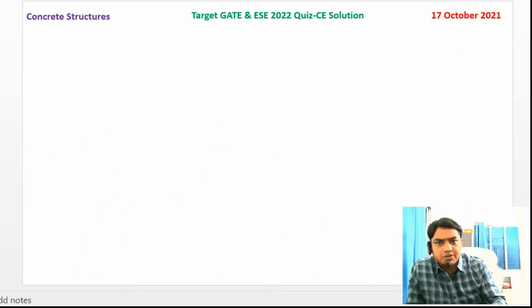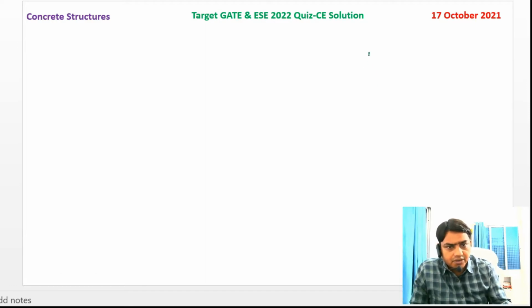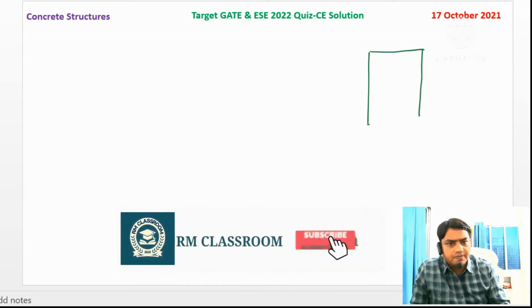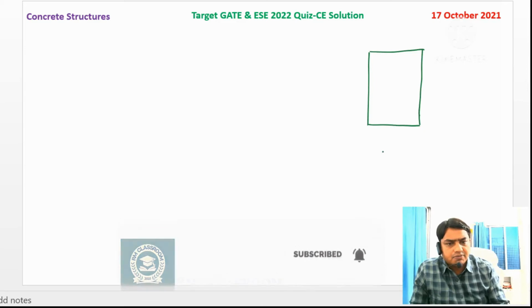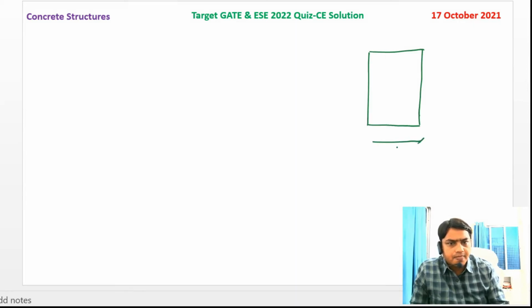So it is a rectangular beam, and the dimensions are given. Let us assume this is our rectangular beam, with the width given, and this is the reinforcement. This is called the effective cover, and this is the total depth.